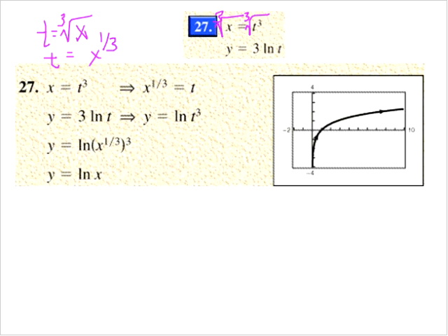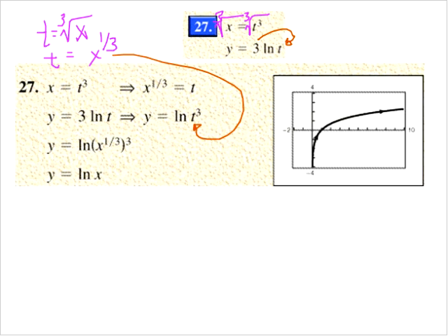And then we can technically rewrite this as well. The 3, which is out in front of the natural log, can actually be brought up as an exponent. So we can write it as y equals the natural log of t cubed. Let's actually use substitution into this equation.